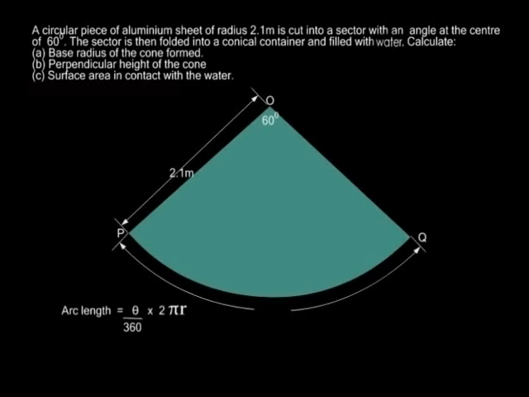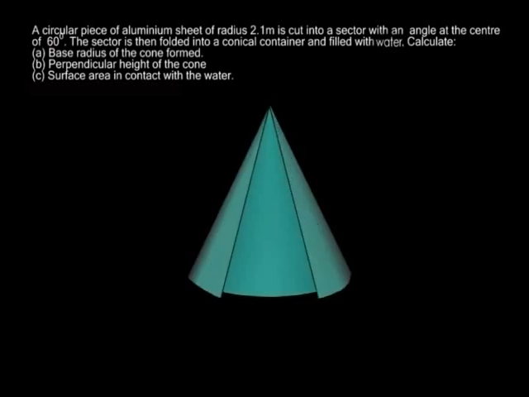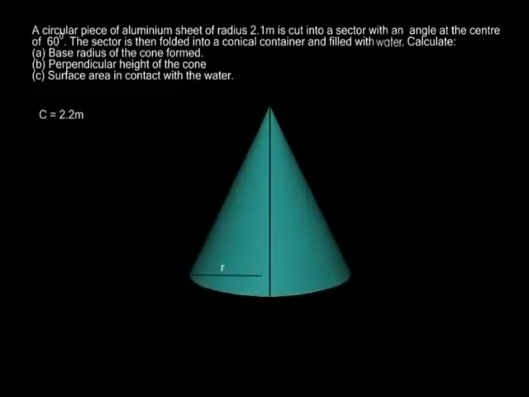Remember, arc length is given by theta over 360 times 2 pi r. 60 over 360 times 2 times pi times 2.1 will give us 2.2 meters. So the circumference of the base is 2.2 meters. Now we can find the radius.